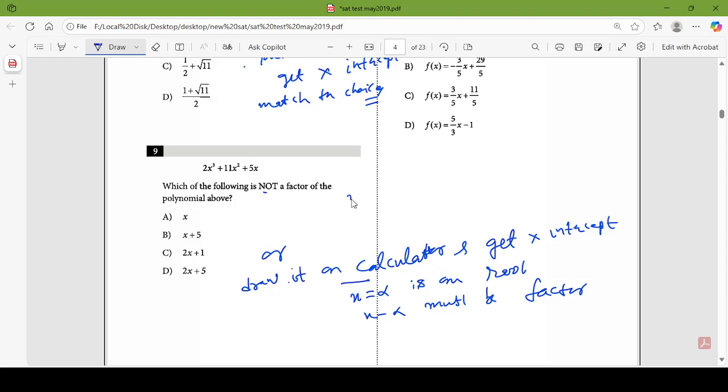Like you are taking out x common, so you're left with 2x square plus 11x plus 5. Now this is quadratic. Again, you can split it and you will get all your factors, and accordingly you can solve it. But I think if you use calculator, it will save your time. So you should use calculator in these types of questions.